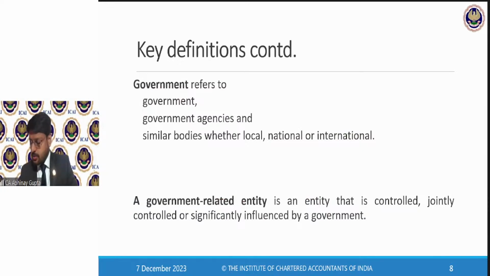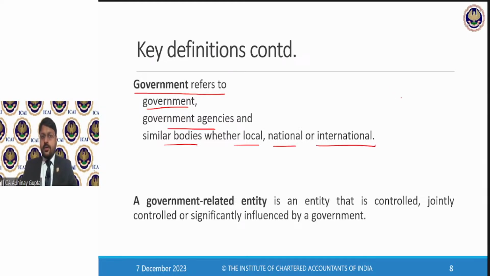Few more definitions. So there are lots of definitions. Government. I think we have studied this definition before, right? Under Ind AS 20, right? So the same definition we have studied earlier. Government refers to government agencies and similar bodies, whether local, national, or international, right? So if the government of USA has any control on any Indian entity, will that be regarded as a related party?